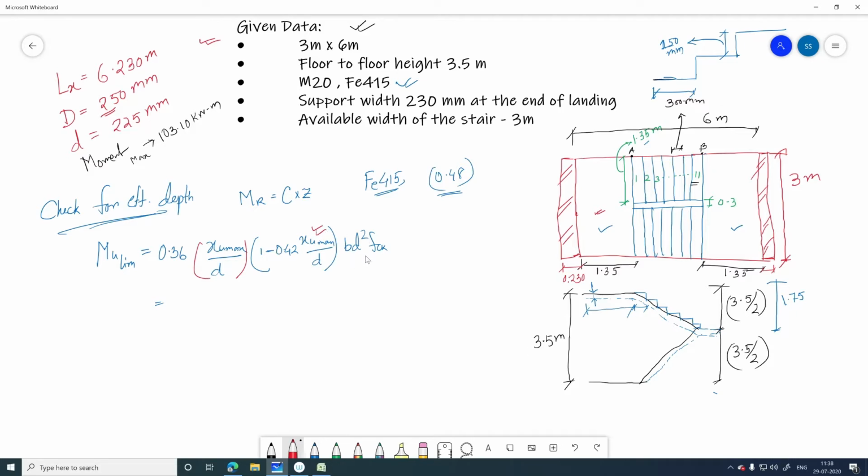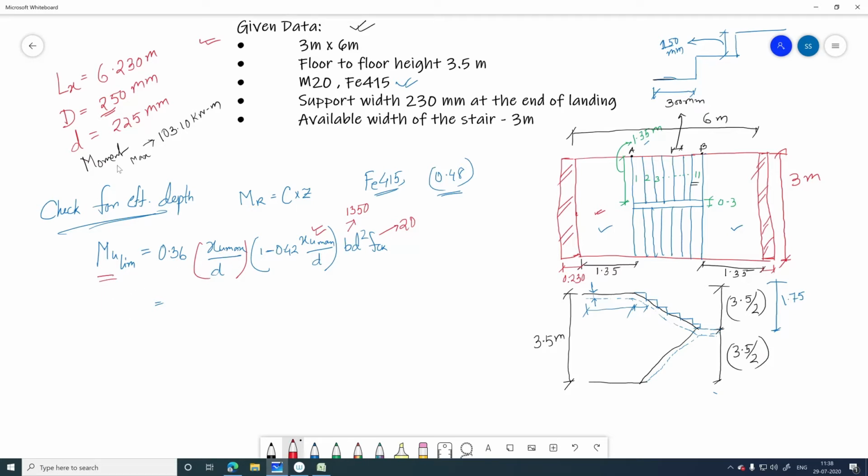Now b and fck. fck is 20 and we just need to put the value of b. Okay, so what will be the value of b? The b is nothing but the length of the single flight, that is 1.35, we put it in millimeters, so 1350. So what is the value of Mu limit?